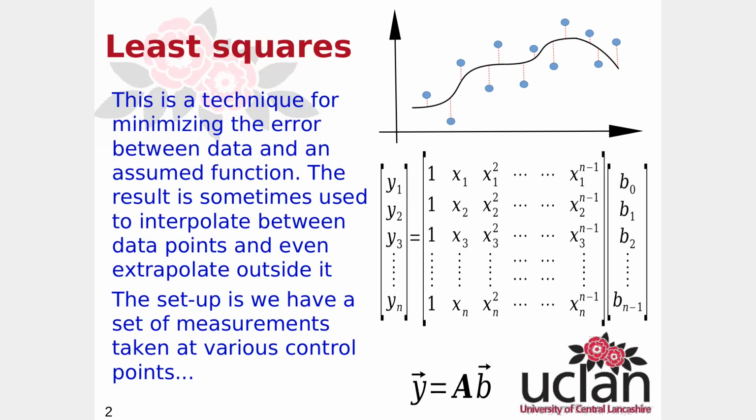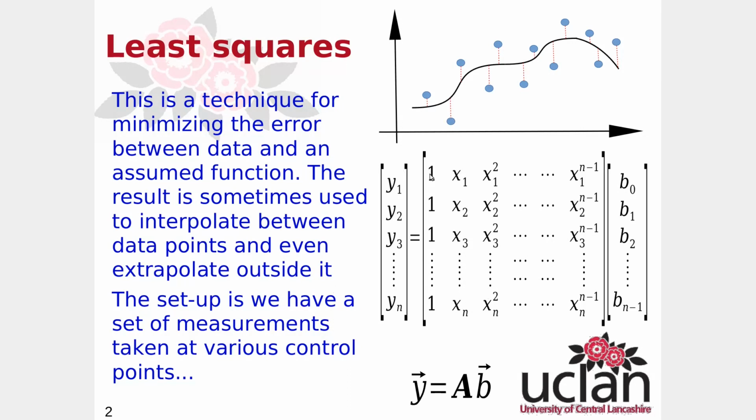So the problem is, how do we solve this? Well, the first thing to notice is that we do have a matrix form, albeit this is a rectangular matrix rather than the square matrix you're used to. We have the vector y, which is just a vector of the y values. And then we have a matrix A, which we can easily compute.